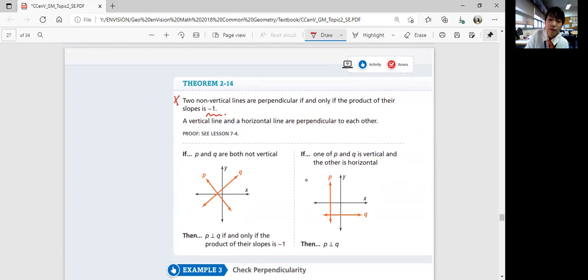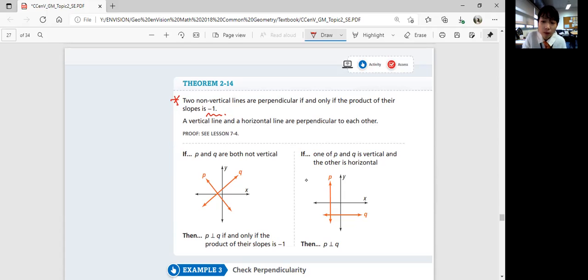So first of all, we know that for parallel lines, the slopes are going to be the same. For perpendicular lines, though, their slopes need to have a product of -1. What does that mean? If you multiply the slopes of two lines, your answer has to be -1.